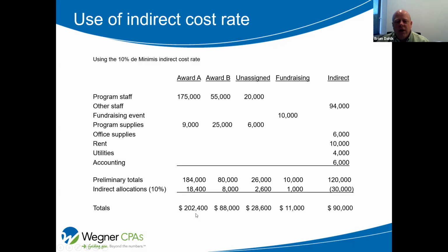Let's say the total magnitude of the award A was only $200,000 and the magnitude of award B was only $85,000. Well, just by applying this 10% indirect allocation rate, you've already covered the full amount of the awards, and so you're done. So it might be a perfectly fine approach to use an indirect cost rate such as this in some cases.